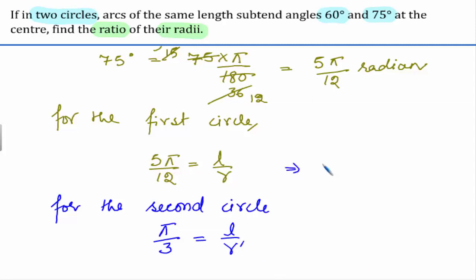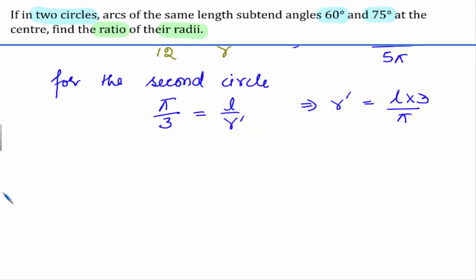Now this implies that R is equal to L into 12 divided by 5 pi, and R dash is equal to L into 3 divided by pi. Now we have to find R divided by R dash.